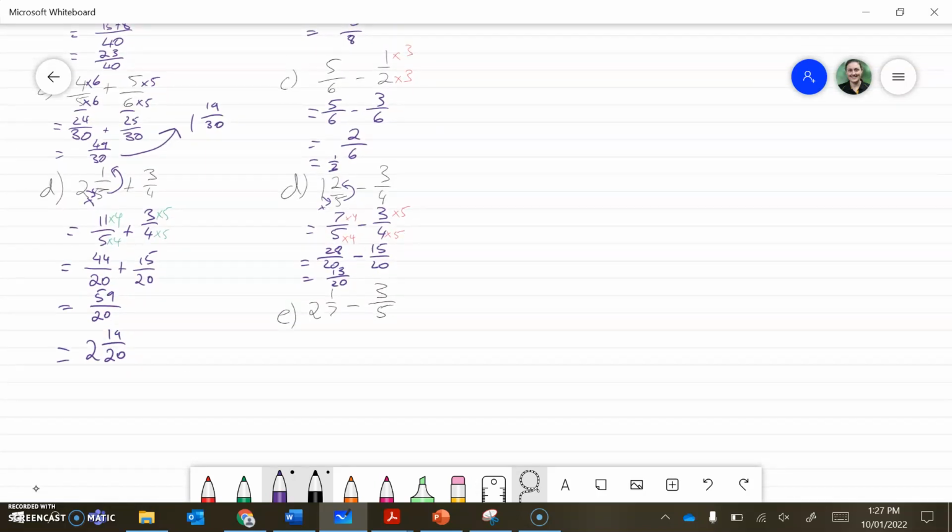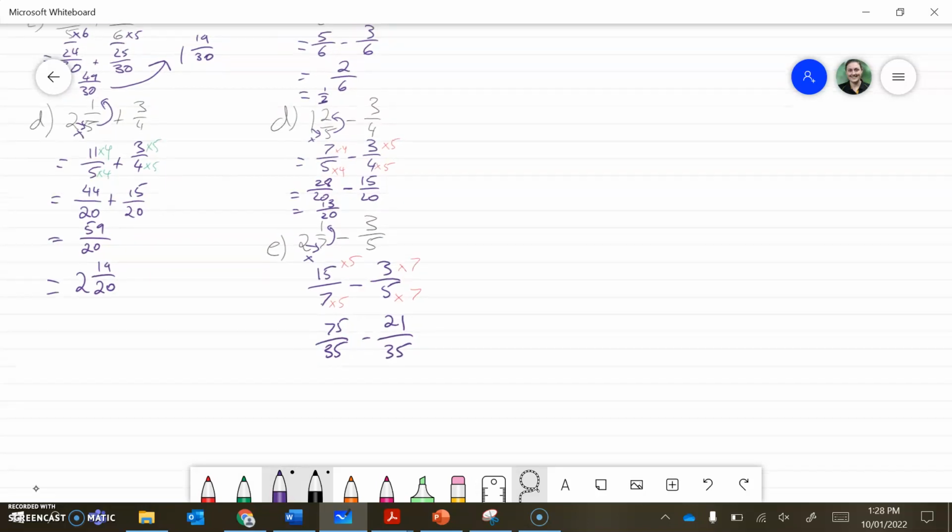Okay, and for E, once again, I'm going to make this an improper fraction, so 2 times 7 is 14, plus 1 is 15, so we've got 15/7 minus 3/5. Common denominator of 5 and 7 would be 35, so I'm going to multiply 7 by 5 as well as its numerator, and 5 by 7 as well as its numerator. So here we've got 75 over 35 minus 21 over 35. We then perform that subtraction, so 75 minus 21 is 54.